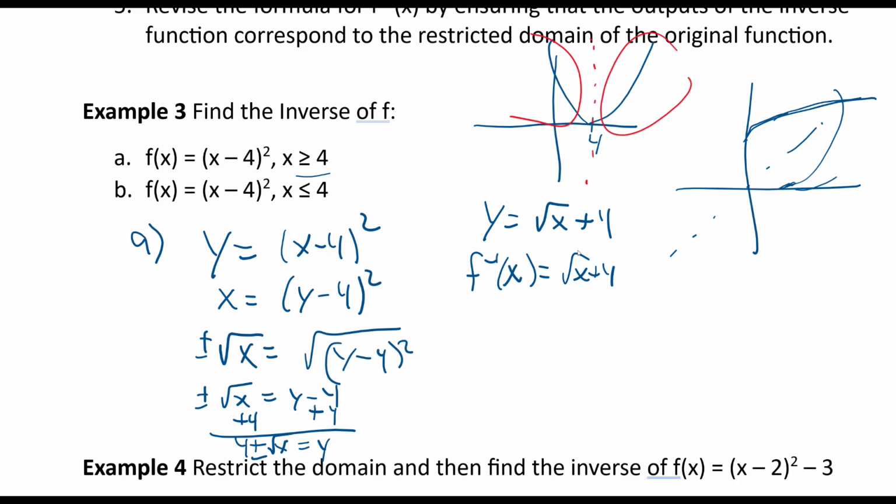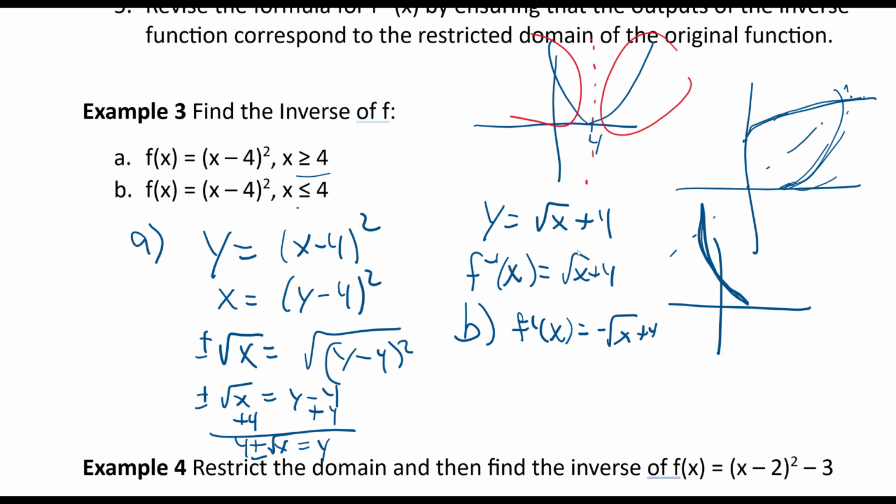So notice this outputs from 0 to infinity and this inputs from 0 to infinity. This one outputs from 4 to infinity and this one inputs from 4 to infinity. Now for B, the one where we're talking about the other half, that's going to give us f inverse of x equal to 4 minus the square root of x.